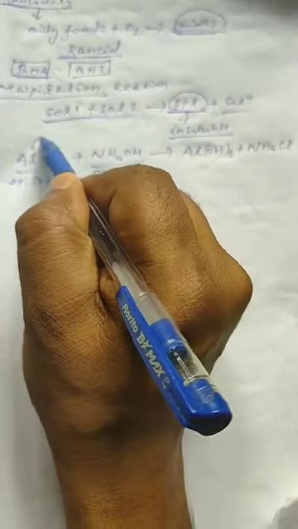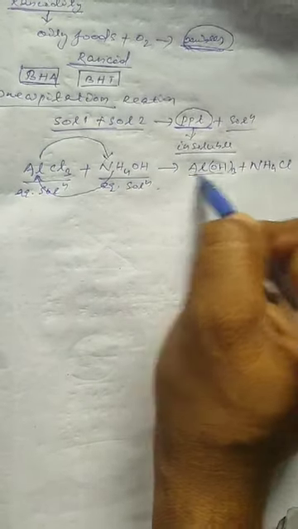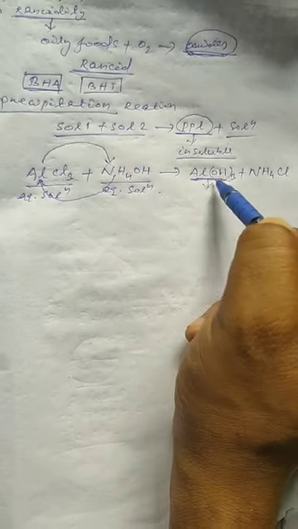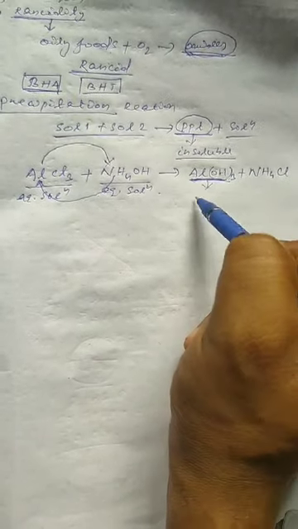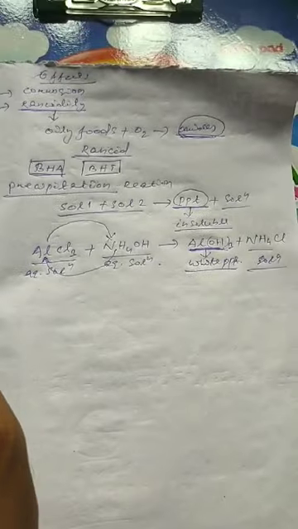This displaces that, and that takes the place of this. Here aluminum hydroxide is formed, which is not soluble. That means it is an insoluble substance, known as a precipitate. A white precipitate will form, and the other is a solution. Okay, so this is all about the precipitation reaction. Okay, thank you.